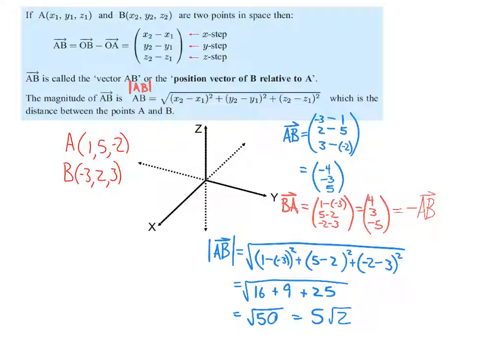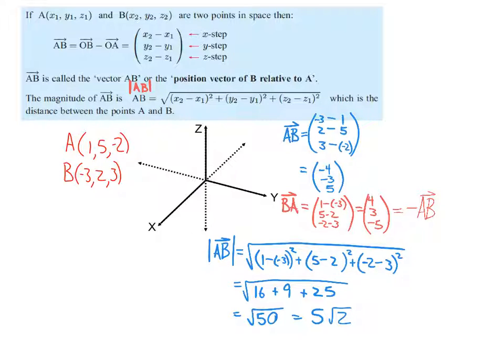Now, here's the nice thing with this. If I already have written down what the magnitude is, or what the vector itself is, if I've already written these down, I already have what those subtractions equal. I have the 4, the 3, and the -5.